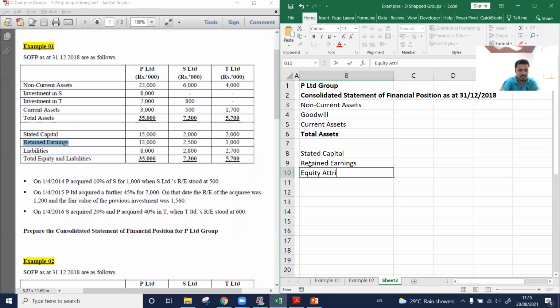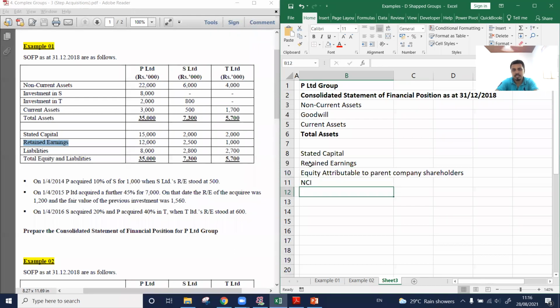Equity attributable to parent company shareholders. This amount you need to separately disclose. The summation of stated capital and retained earnings should be equity attributable to parent company shareholders. For that you need to add NCI, then it will be total equity.